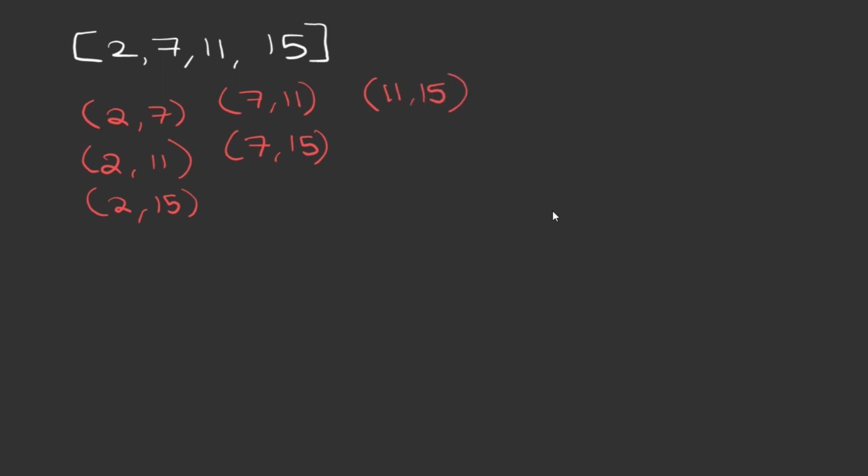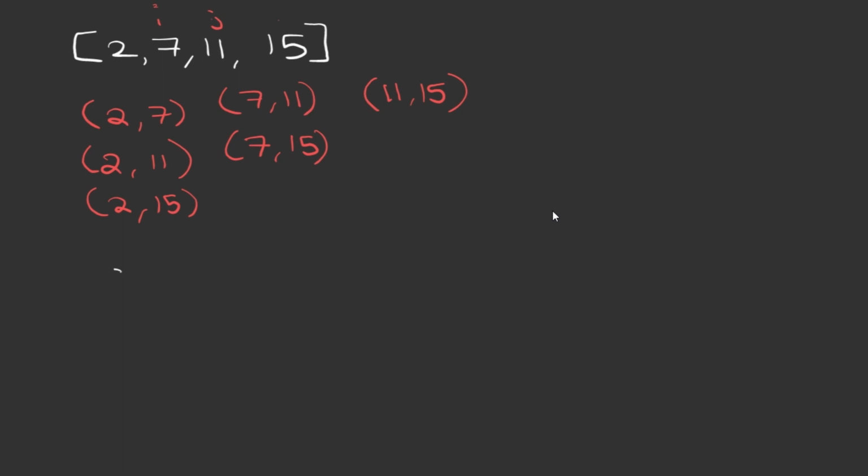The way I did this was I fixed the i pointer and incremented the j pointer. Every time the j pointer reaches the end of the array, we simply increment the i pointer and reset the j pointer to be exactly one more than the i pointer, because the i pointer cannot be equal to the j pointer.